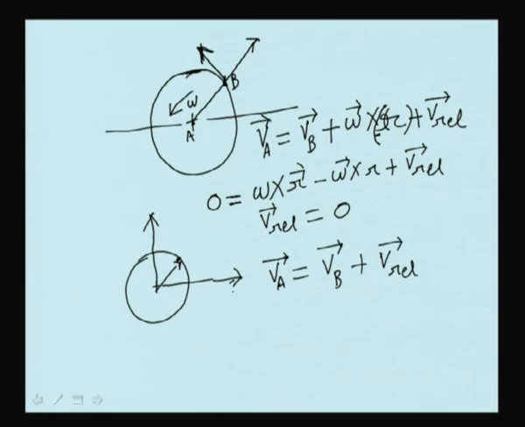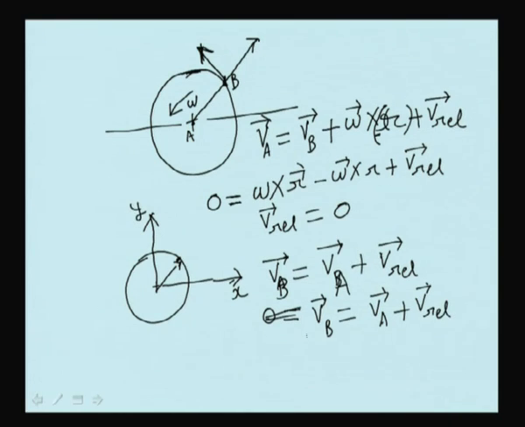As the axis system is not rotating, I am not putting omega. Now, here VA is equal to 0, so VB is equal to VA plus VL.